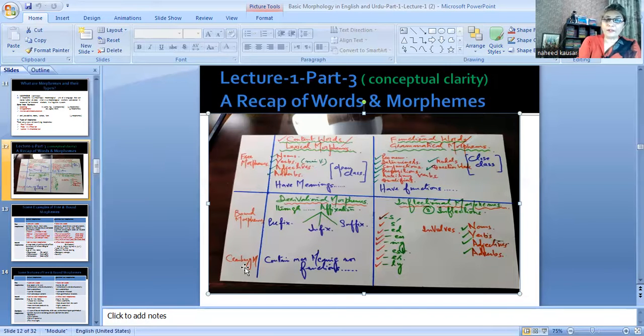And at the end, you can see that there is the cranberry morpheme written, but I already told you that they neither perform functions nor are they the kind of morphemes which can convey meanings. Rather, they only participate in building words by having them attached with some other portions.